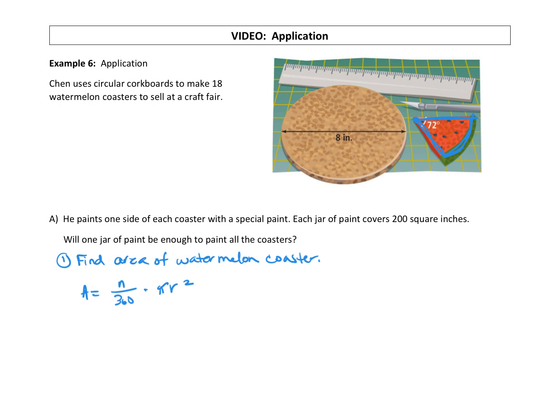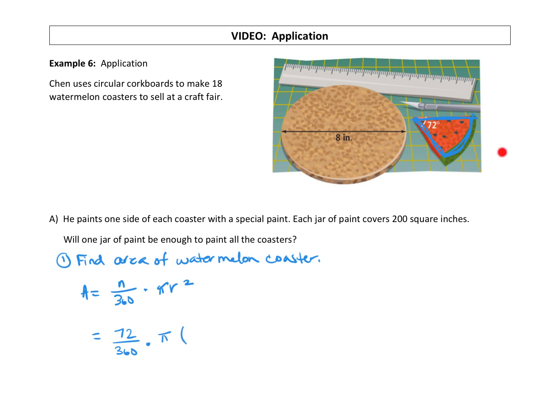All right, our n is the arc measure. Well, the arc measure is the same thing as the central angle, which they're showing us right there, 72 degrees. So we have 72 over 360 times pi times our radius squared.